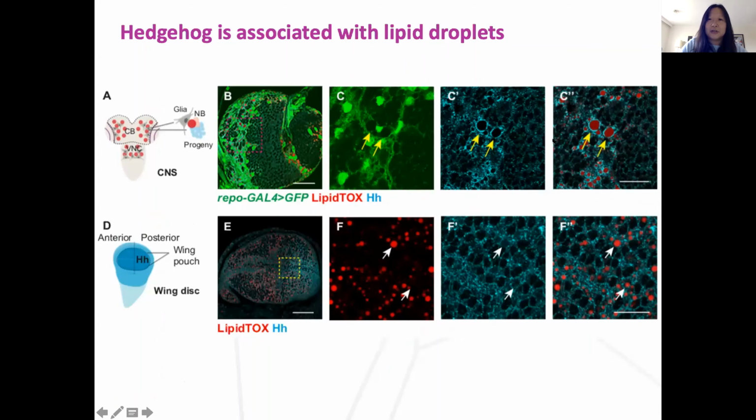And when she co-stained with lipid droplets, she found that hedgehog ligands are actually localized to the surface of these lipid droplets. So hedgehog is closely associated with lipid droplet organelles. And this specific association of hedgehog with lipid droplets seems to be highly specific to the glial cells, but not in other cell types in the fly.